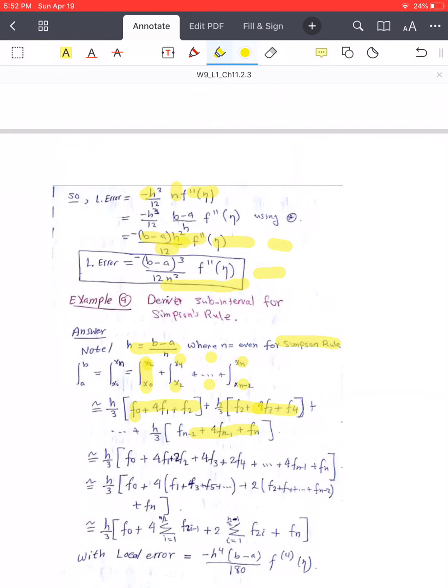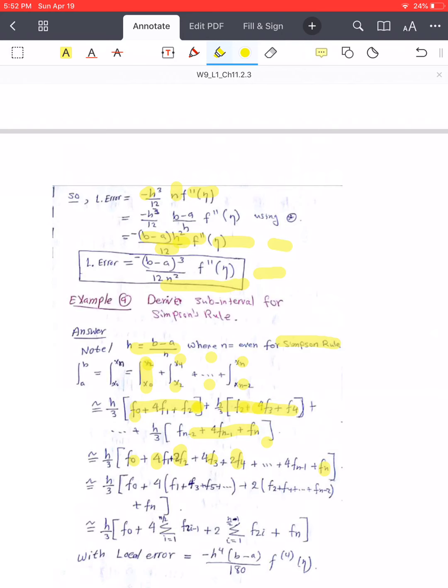We can see the first one and last one are unchanged. But f2 appears in the first bracket and in the second bracket, so it will be 2. Again f4 with the second bracket will be 2. So for the even indices, all of them are multiplied by 2, but the odd ones do not change: 4 times f1, 4 times f2, f3, and so on.